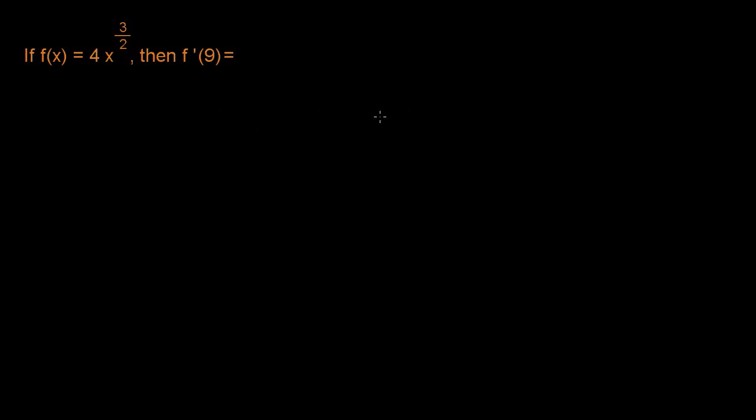Before we do this problem, maybe we should review a little bit some of the rules of differentiation. If I told you that f of x is equal to a constant c times x, and I asked you what is the derivative of that, what's f prime of x?